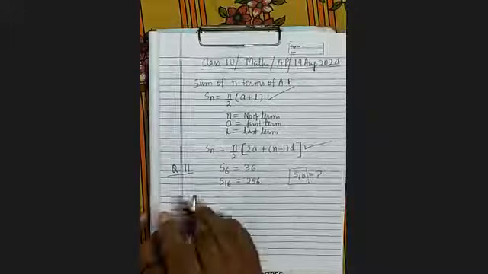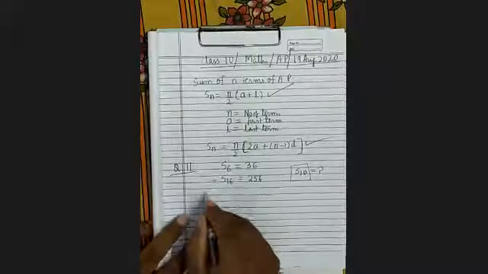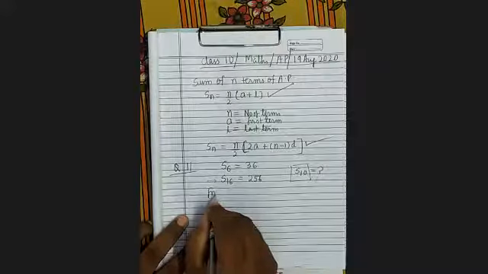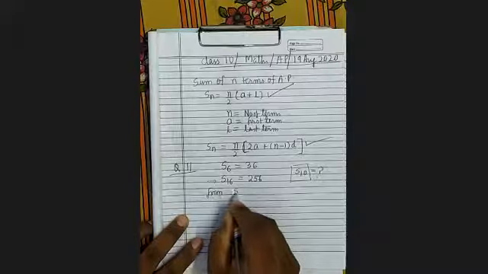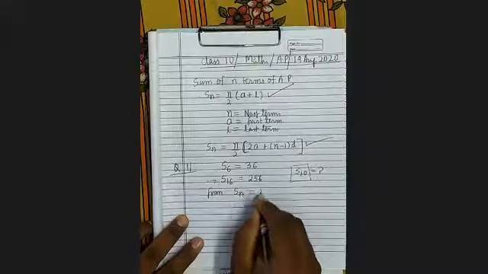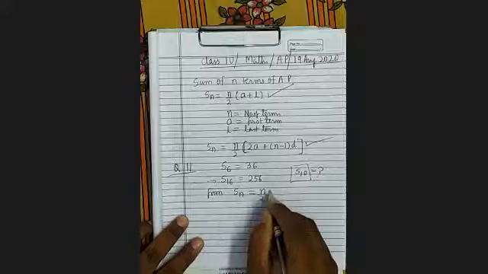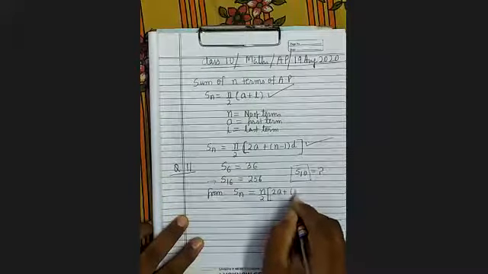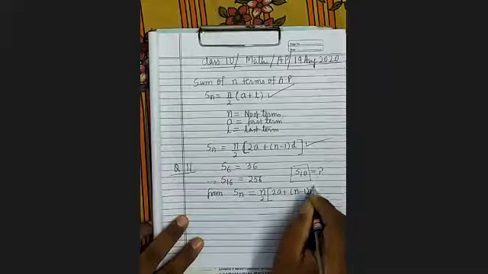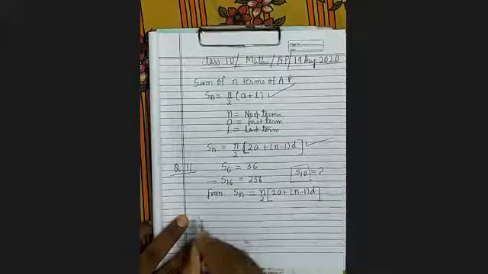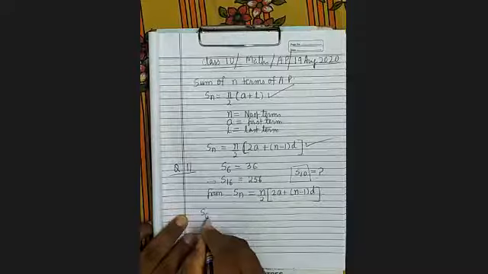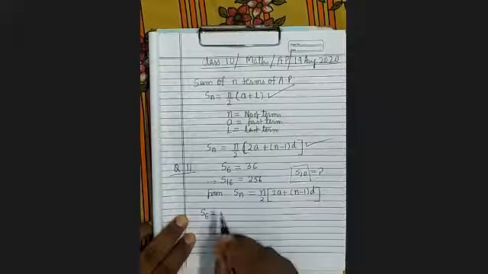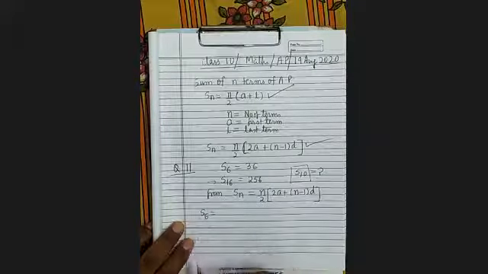So see here, from Sn equals n by 2 (2a plus (n minus 1) into d), S6, what will be n now? Sir, 6.